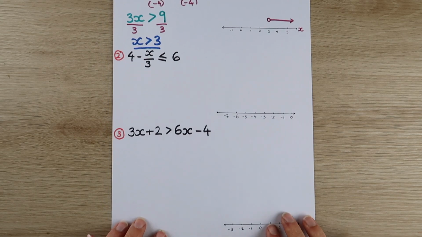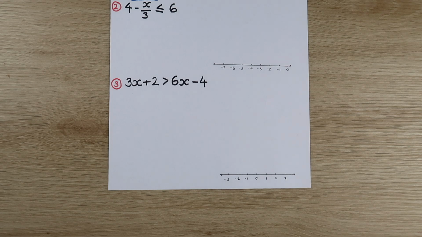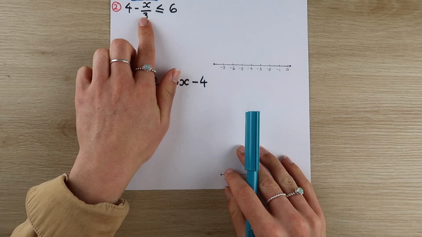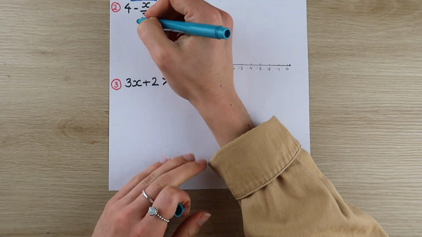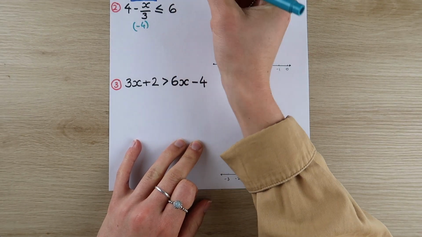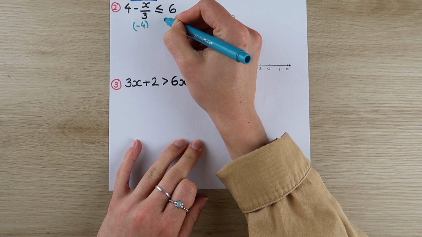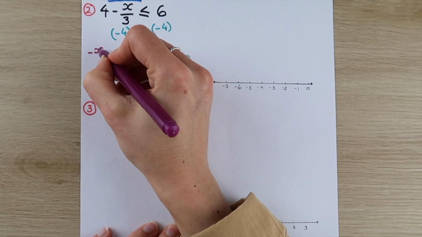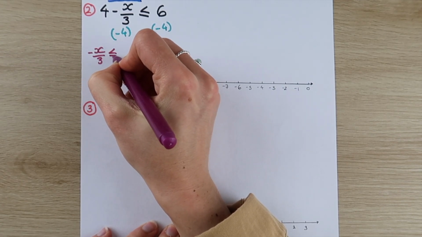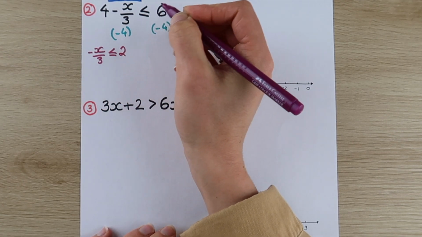Let's try the second one. Again, I want to make sure that I've got nothing but x on my left hand side. So I'm going to subtract 4 first, exactly what we did up here, which will give me minus x over 3 is less than or equal to 2.